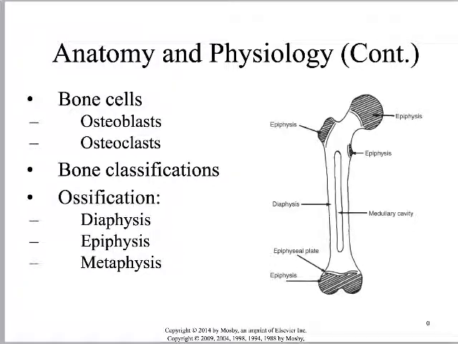Not on this illustration, but still important to this, is between the diaphysis and the epiphysis, we have the metaphysis. And this is an area that's sometimes referred to as the growth plate or the growth zone. It's between the epiphysis and the diaphysis, and it's allowing for bone to be added into that area.